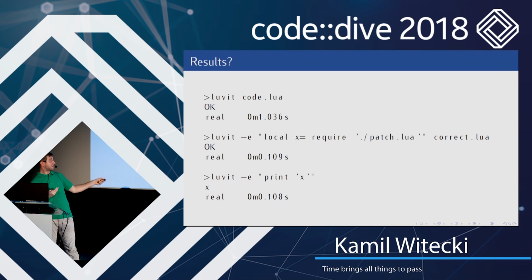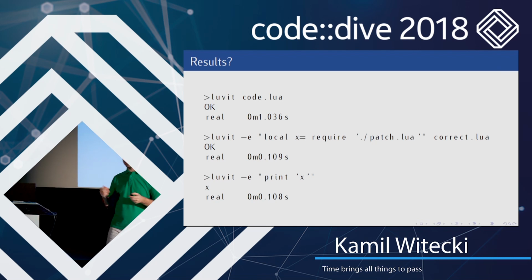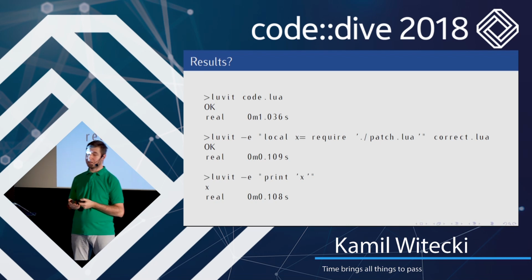So just evaluating this part of code here takes 100 milliseconds. So this probably takes more or less 100 milliseconds. So actual execution time got about 9 milliseconds. So this is a speed up that I am happy with. I hope you will be happy about this as well.